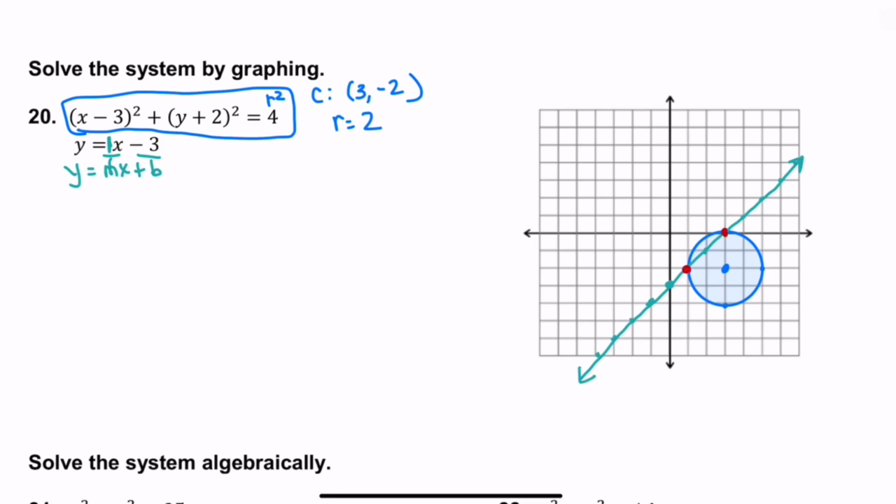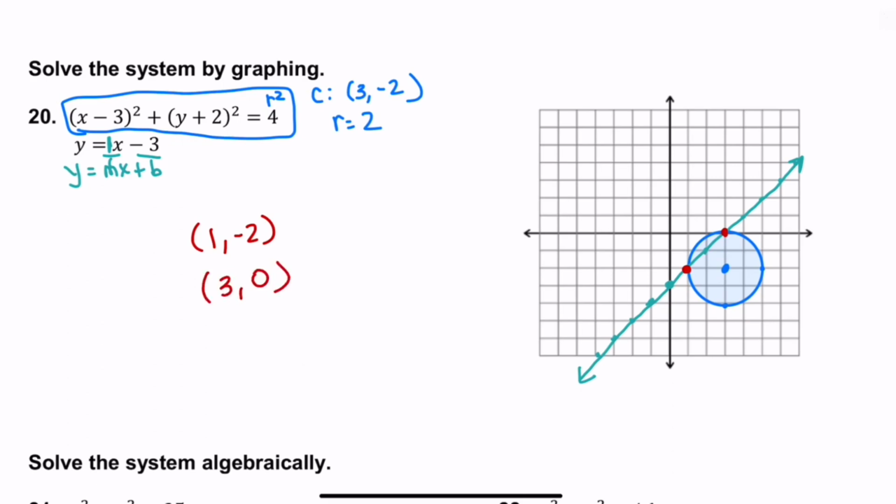Now, I see 2 points where these are intersecting. One of them is at the point 1, negative 2, and that would be this point here. The other one is we go over 3 and then we're going up and down 0. So the other point is 3, 0.